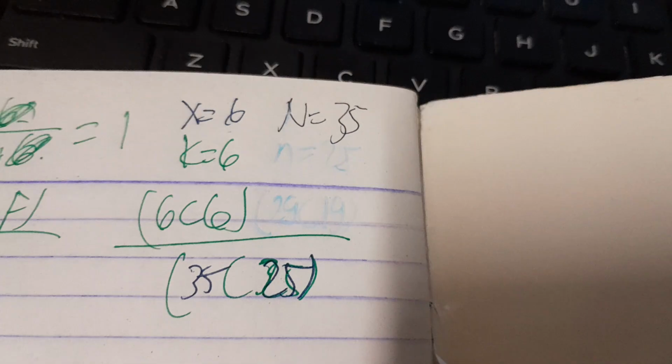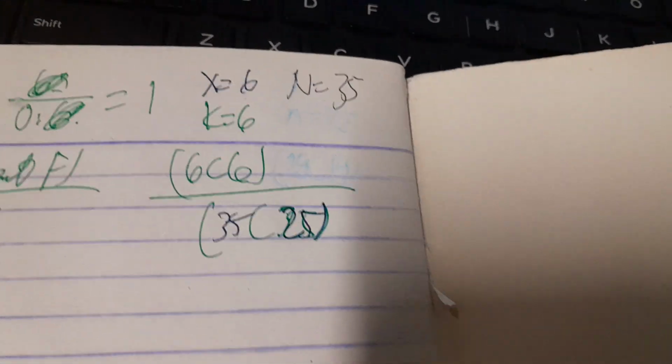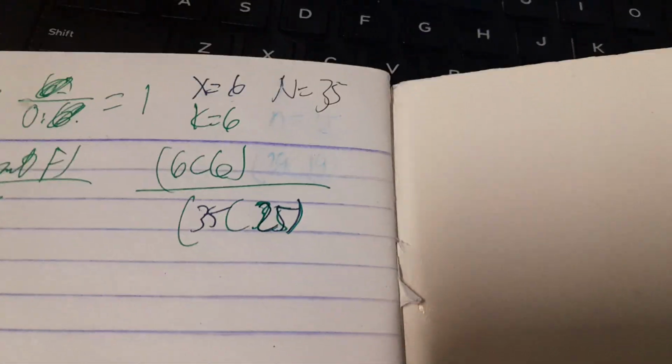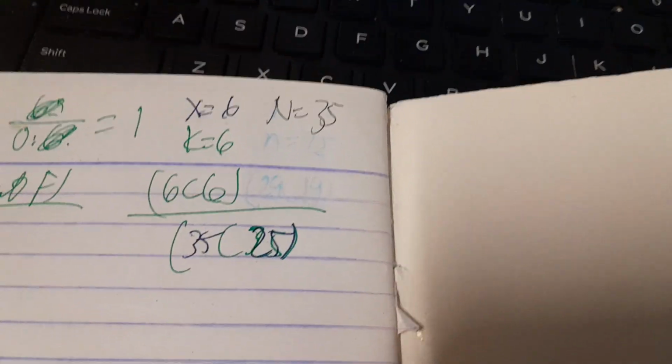And then lowercase n minus x, 25 minus 6, is 19. And then all divided by capital N combination lowercase n. That should be the probability.